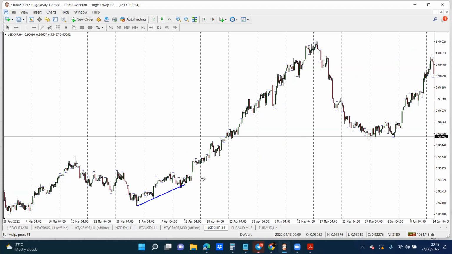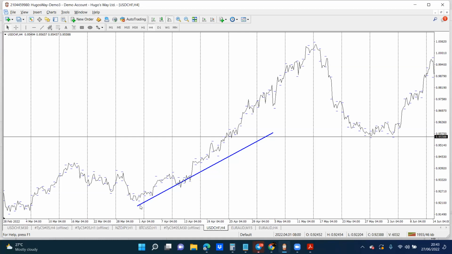You have something like this, right? You have a trend line like this, and then later on, you have another one like this. These are trend lines.